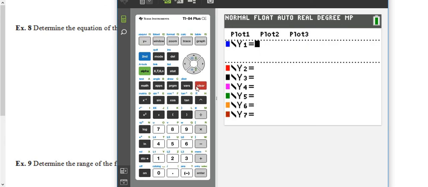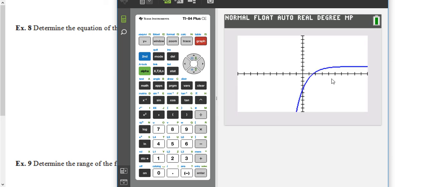I'm going to go straight to my graphing calculator, retype in this equation, but with a c value of 1/2. So I'm going to go 1 divided by 2 for my c value, exponent x minus 1, and then of course we have our plus 2. And let's take a look at what's happening to our graph here. So if I hit graph, and there we go, that's my curve.